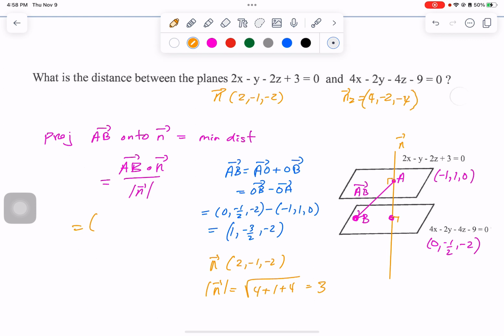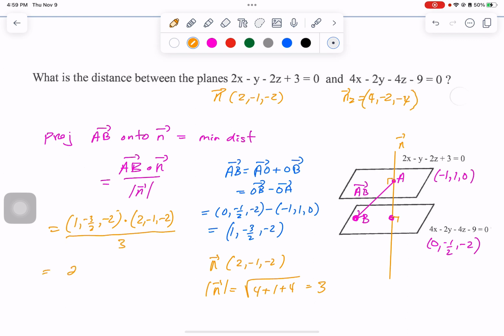So it's going to be 1, -3/2, -2, dot 2, -1, -2. Let's put a line. Let's get 3.